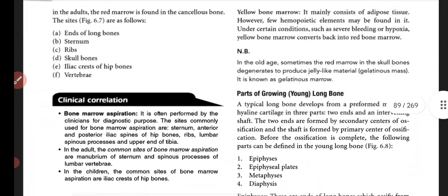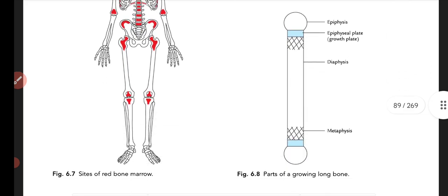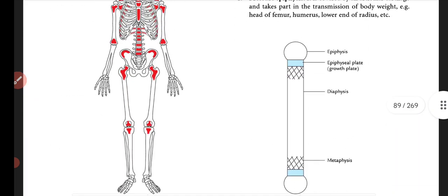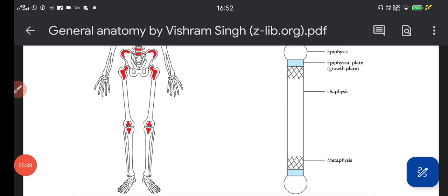And number 3 is the metaphysis. The metaphysis is the portion between the diaphysis and the epiphyseal growth plate.